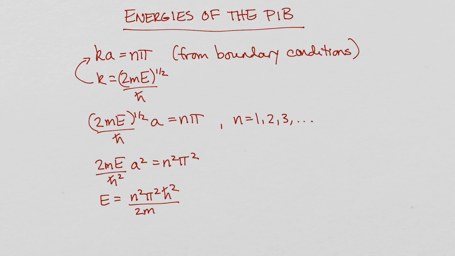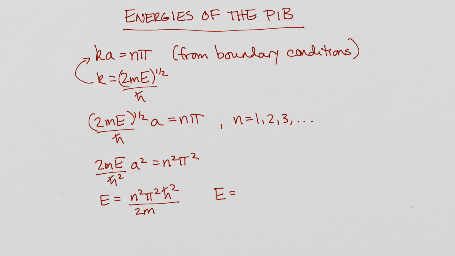So there is our solution for the energy levels of a particle in a box in terms of h bar squared and n. And you will also see energy, I would say probably more commonly, in the form of just Planck's constant.